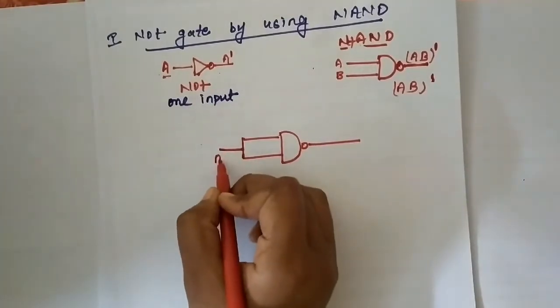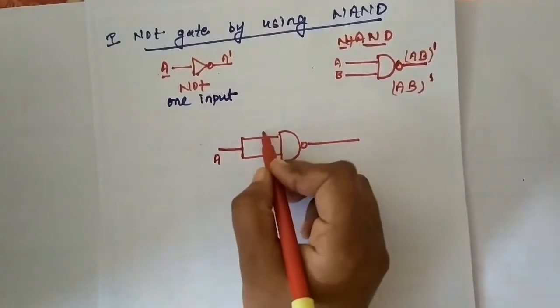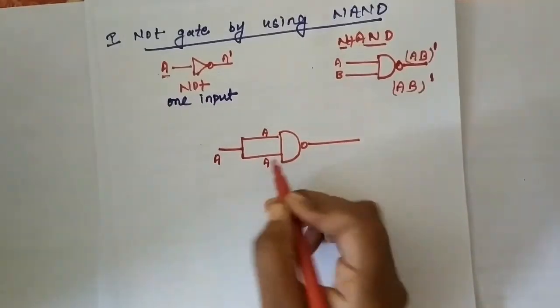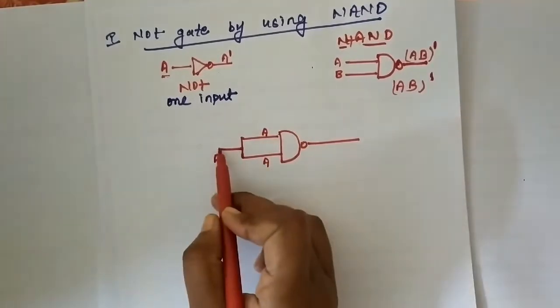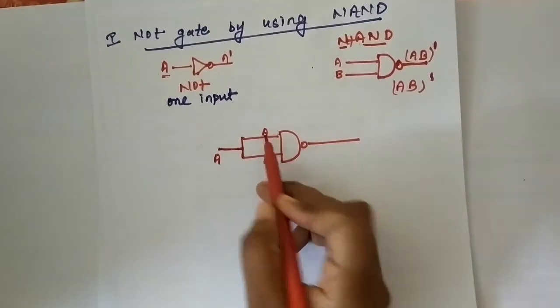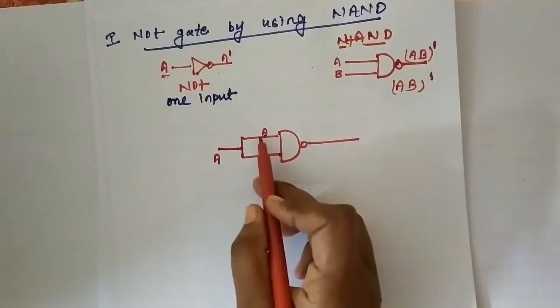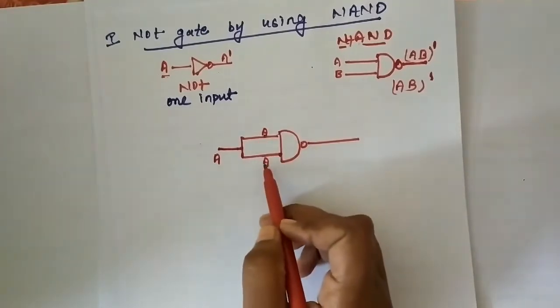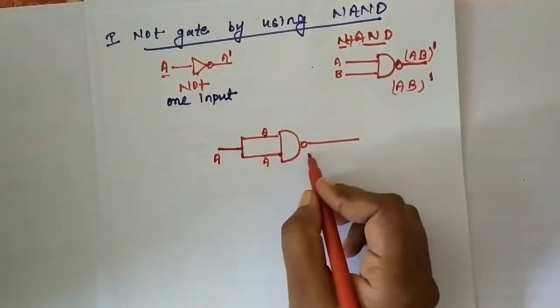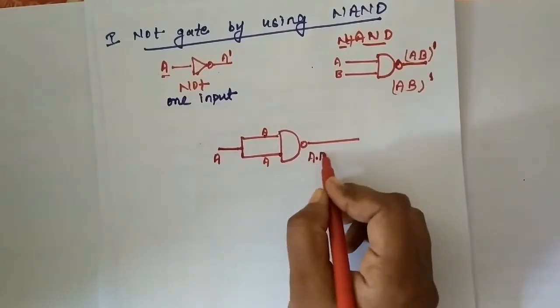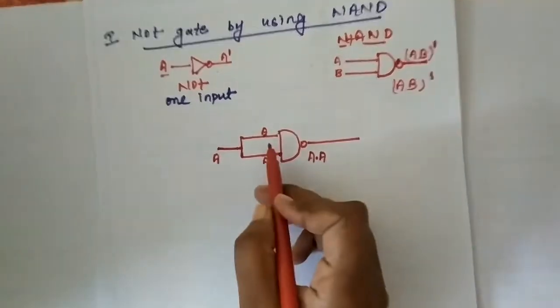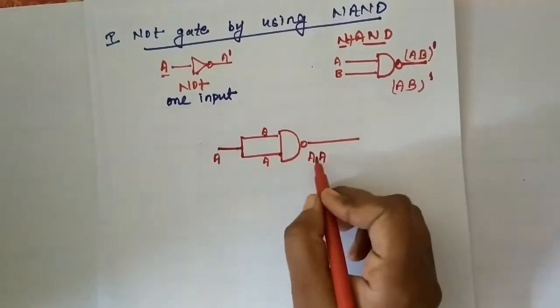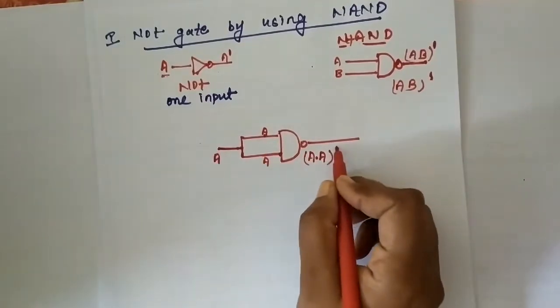Suppose we give A. So here is A and A, because here both take the same input; we provide A for this one and also for this. So it takes A and A. After that, that means multiply A into A. Here you can see A into B, but here the input is A and A. So here is the A and the whole dash.